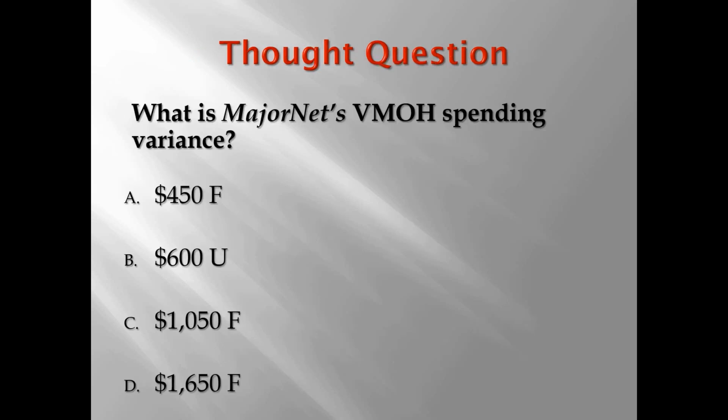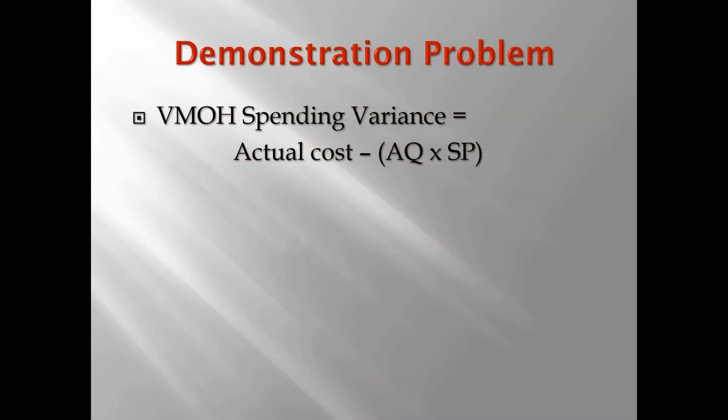So, what is Medinets' variable manufacturing overhead spending variance? Take a minute to figure this out before you check the answers. The formula for the variable manufacturing overhead spending variance is the difference between the actual cost for variable manufacturing overhead and the actual quantity of the allocation base times the standard price.